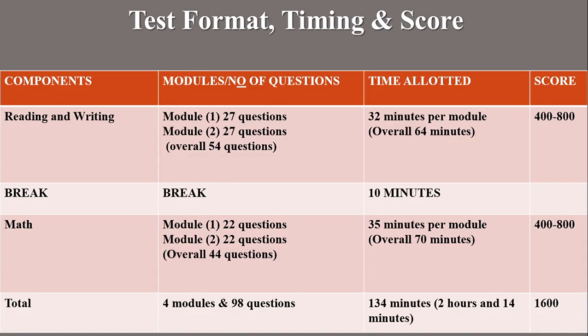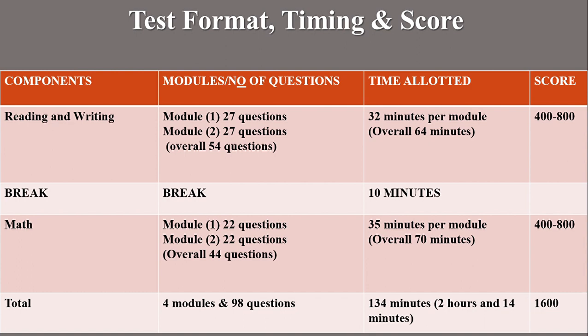And you will get 2 hours, 14 minutes. That is minus the break. If you add the 10 minutes of short break, you will have about 2 hours, 24 minutes for the test as a whole. All right, I hope that makes sense.